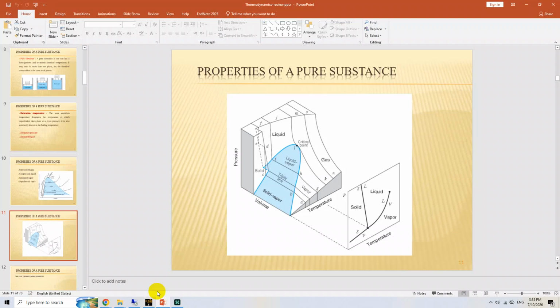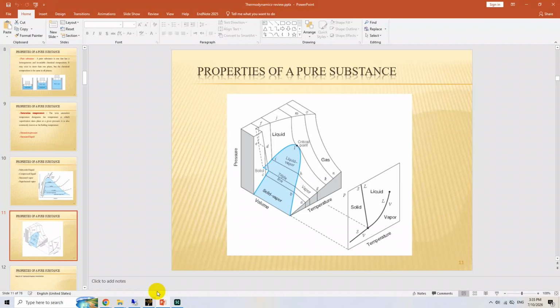You can see several things. First, for all matter, especially water, we have three phases: first solid, second liquid, and third vapor. We have a line between solid and liquid, where solid converts to liquid, and after that the liquid can convert to vapor.